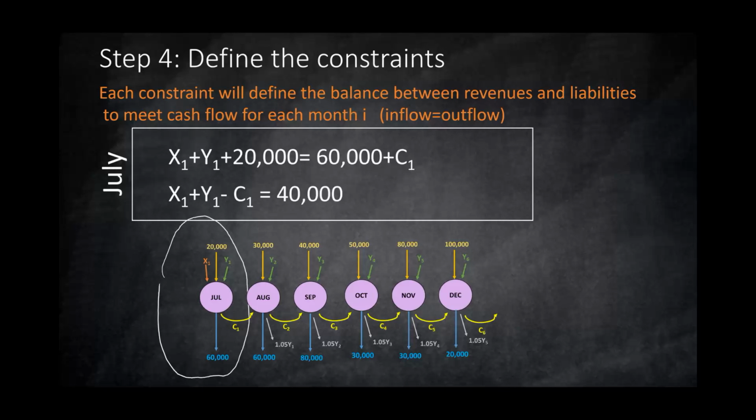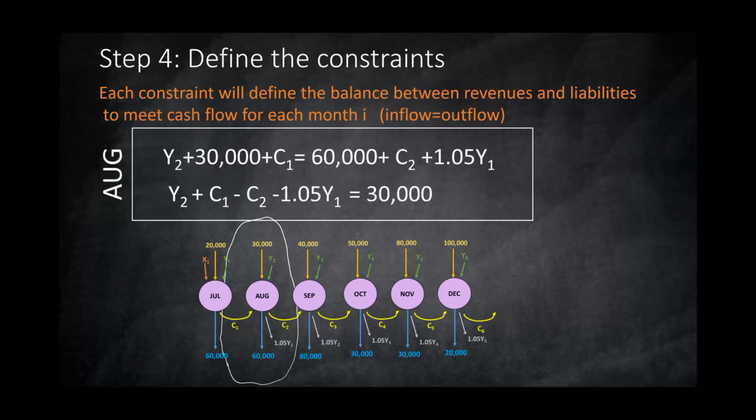And obviously we can rearrange it, move all the variables to the left-hand side and keep the constant values on the right-hand side. So this is July. Let's look at August. In August, we see the inflows are 30,000, Y2 and C1, and the outflows are 60,000, Y1 and C2.